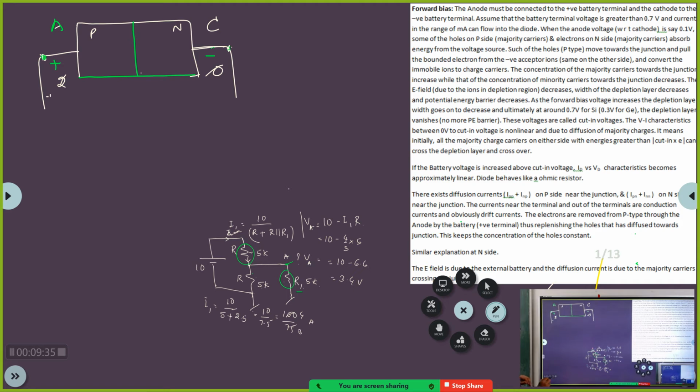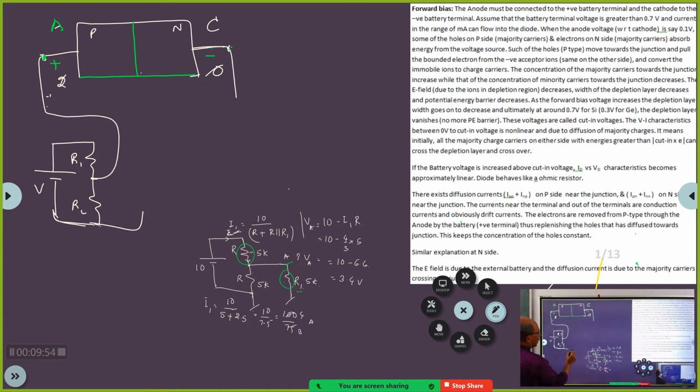So, students, what I am trying to tell you, supposing I give a voltage supply like this. Okay, there is a voltage supply. Say this is some R1 and R2, and if I connect this point to this and this point to this, is it forward biased?